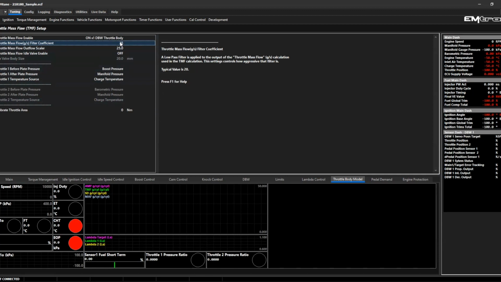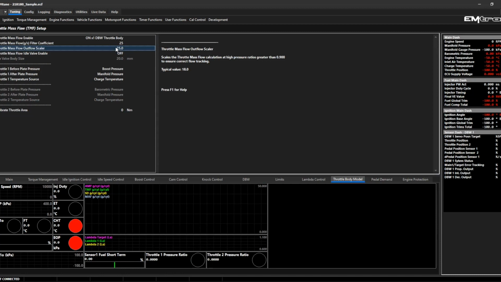You'll notice that it will track a lot closer to true airflow than it previously did with high speed transients.